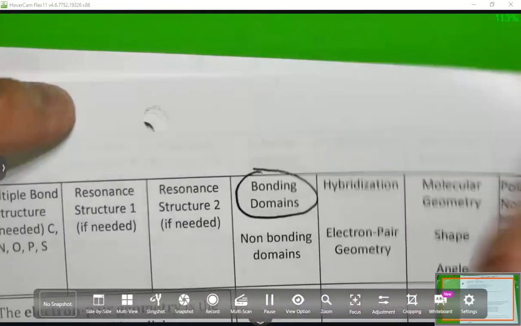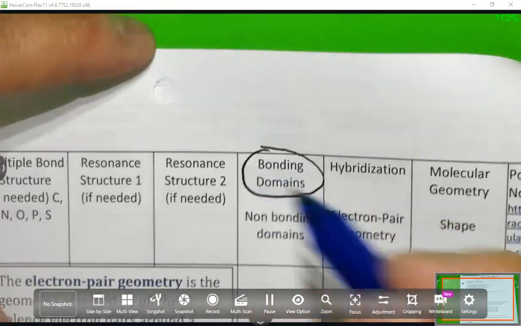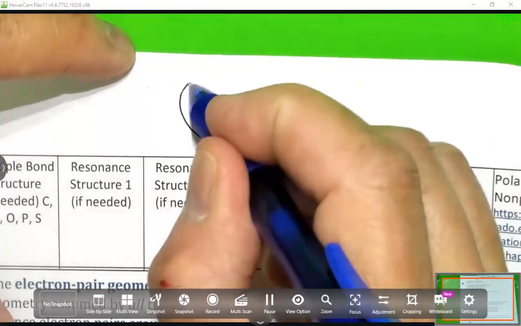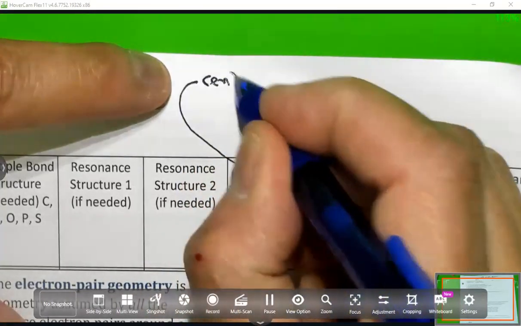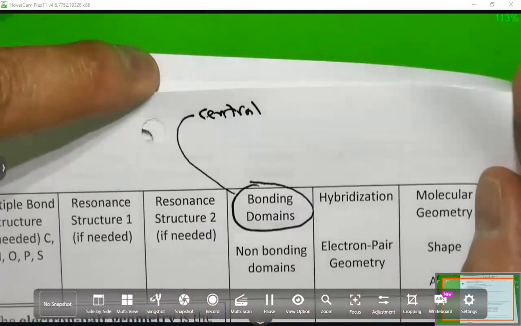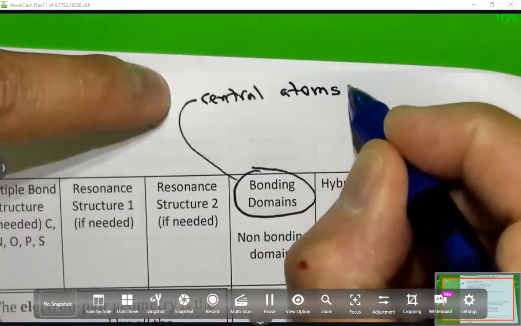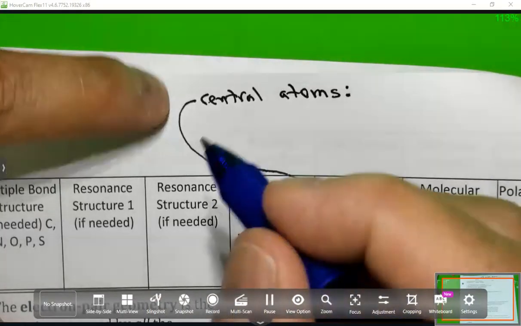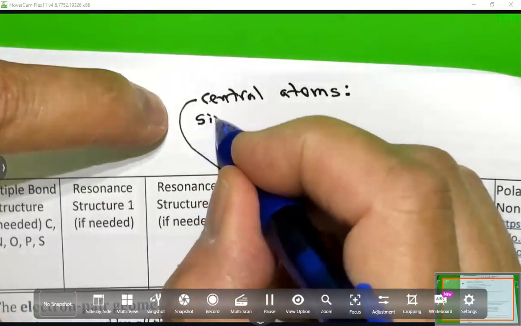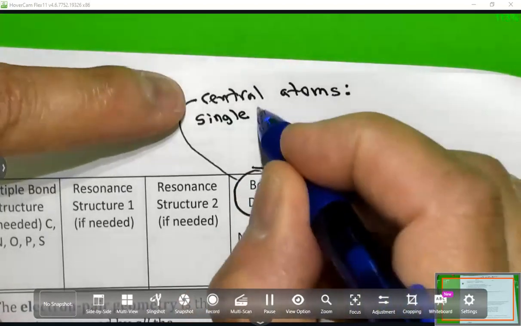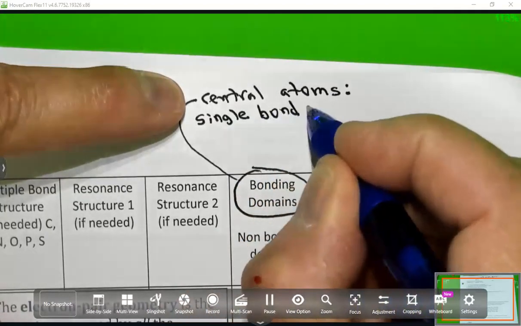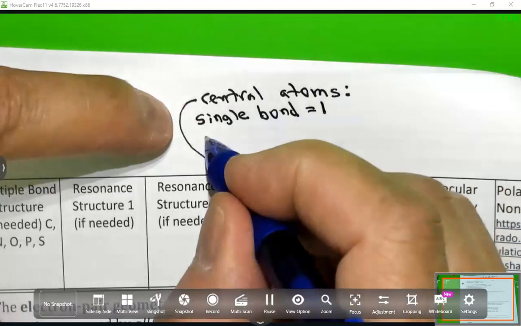For bonding domains on the central atom, a single bond equals 1.